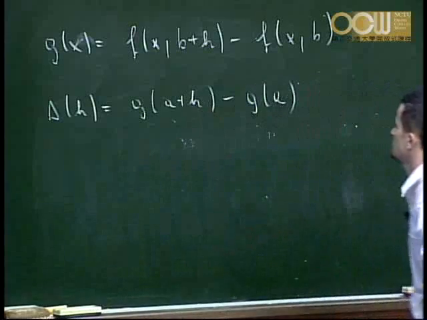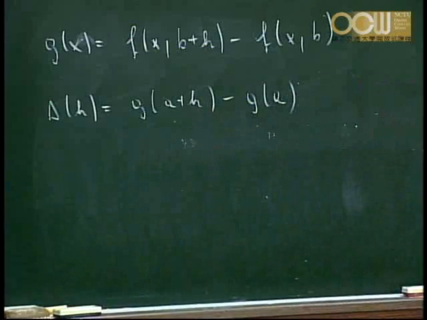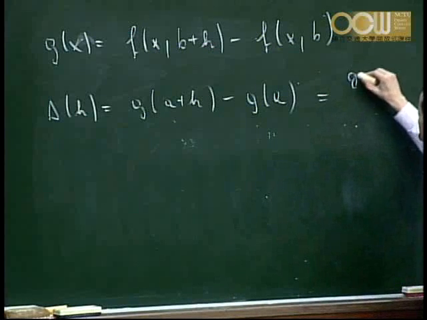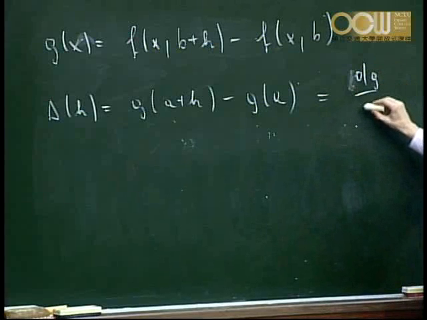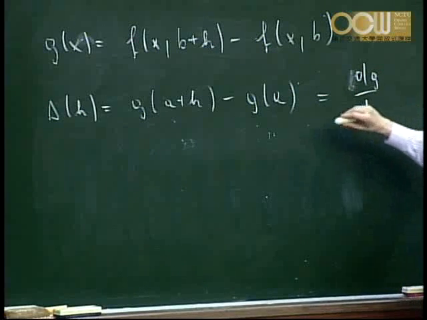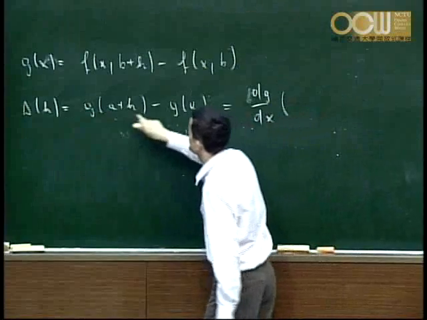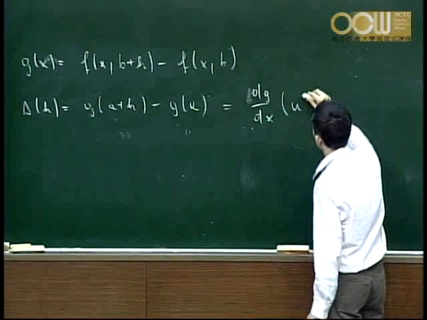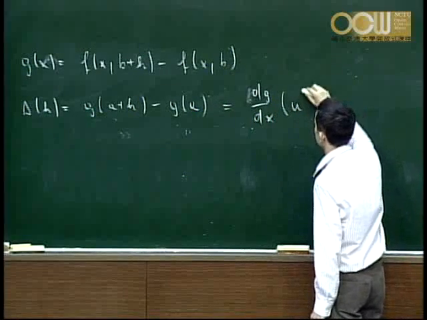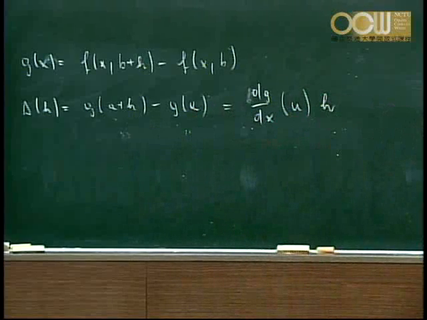So let's first apply the mean value theorem here. What we do is we look at the derivative, the normal derivative, with respect to the coordinate, call it x, at some point which is between a and a plus h. So let's call this point u, and then times h. This is what you get by the mean value theorem.